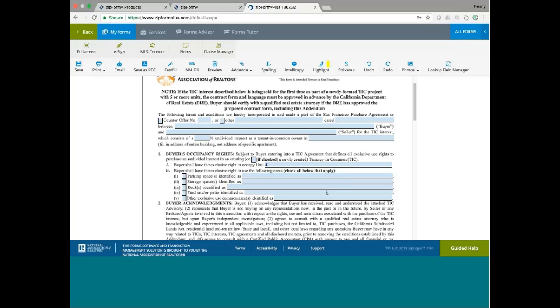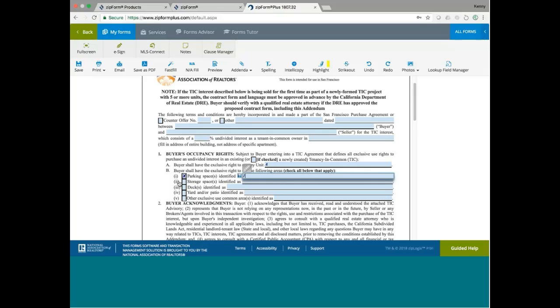And then it says here, buyer shall have the exclusive right to the following area. If you have a TIC, there needs to be an agreement amongst all the TIC owners how they are going to make use of the parking spaces. So let's say, for example, there are 4 TIC owners and there are 4 parking spaces. And then let's say this TIC owner A gets the right to use parking space number 1. So it says 1.